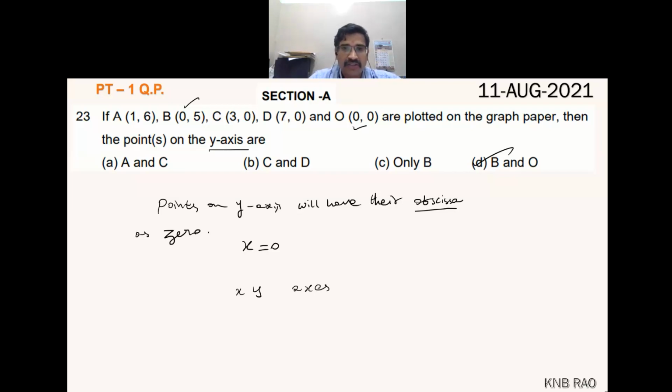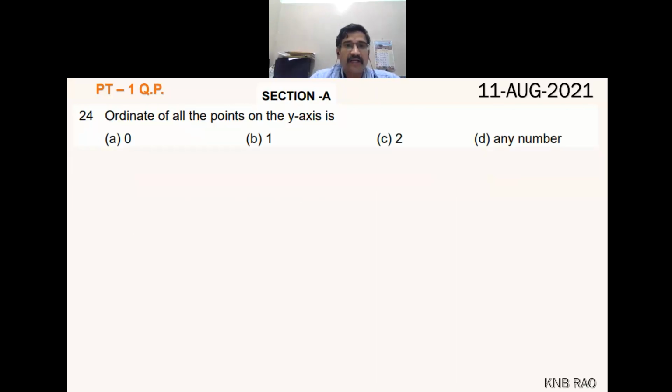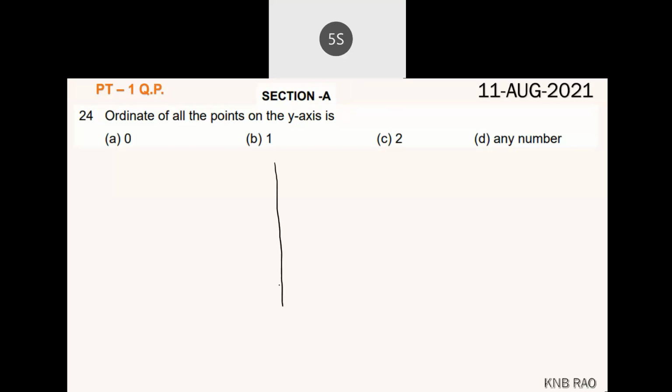Now, moving on to question number 24. Ordinate of all the points on the y-axis. It's a very tricky question. Because they have asked ordinate on the y-axis. Very good. So on the y-axis, I will have y, O, y dash.